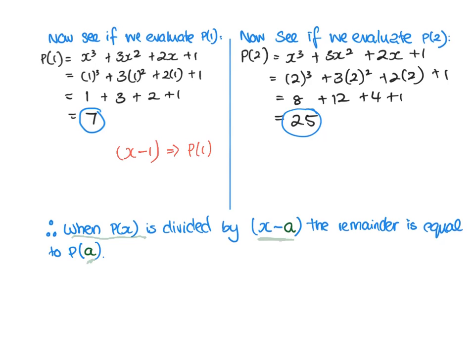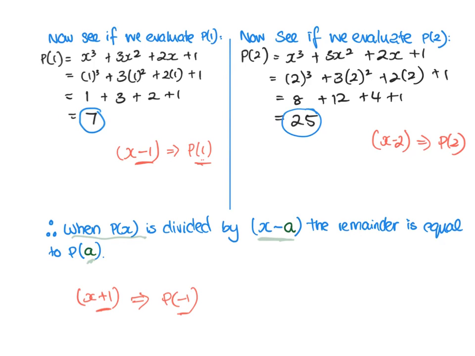When I did x minus 2, that gave the same as p of 2. So therefore, if I divided by x plus 1, it would give the same as p of minus 1. Does that make sense? It's the opposite sign. Here it was x minus 1, but I did p of 1. But here I did x plus 1, I did p of negative 1. Do you get what I'm saying there?